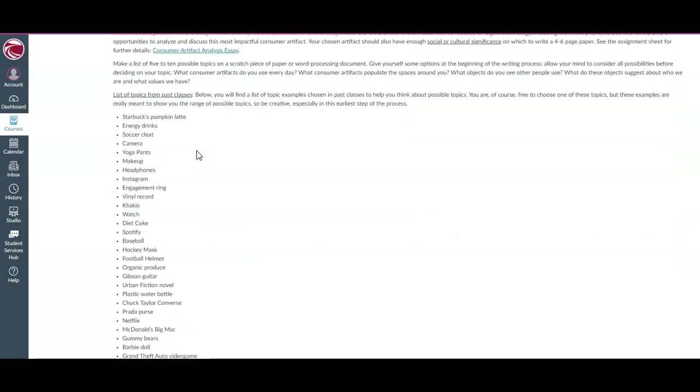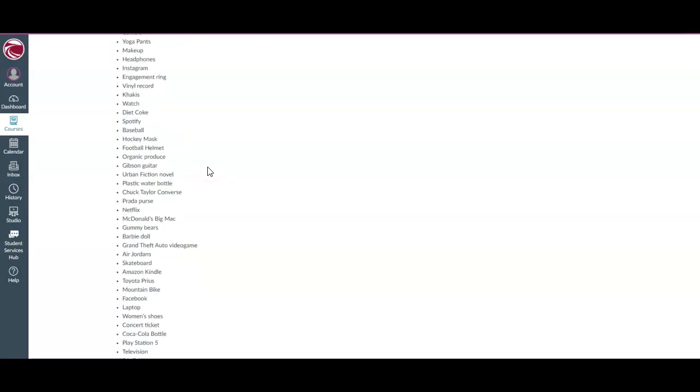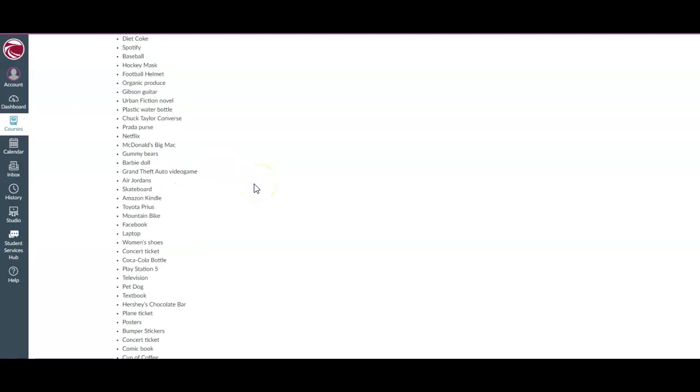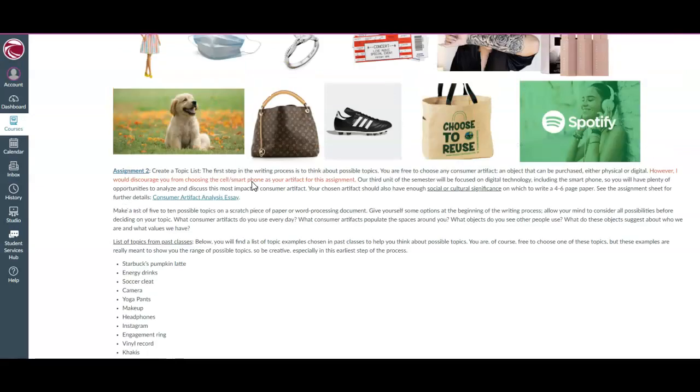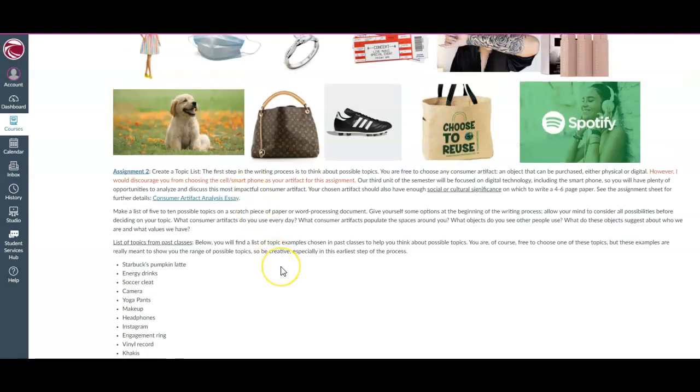What are the possibilities for topics for this paper? Yes, you are more than welcome to use any one of these objects as your topic, but you definitely do not have to. You should choose something that you find interesting, that you would think would be interesting to analyze for its social cultural significance, perhaps something that you yourself use or own.